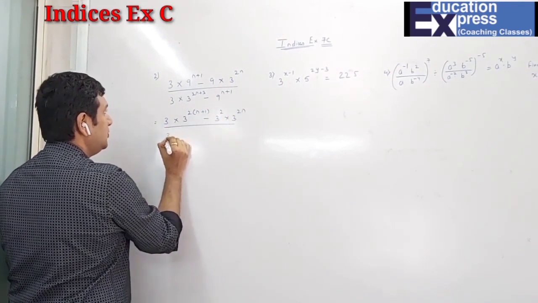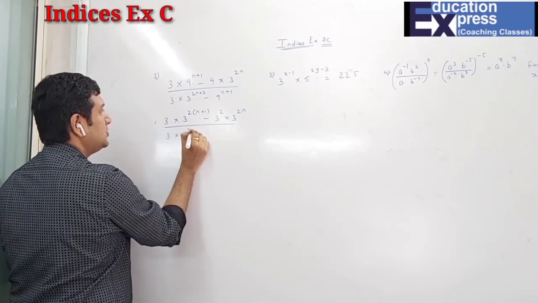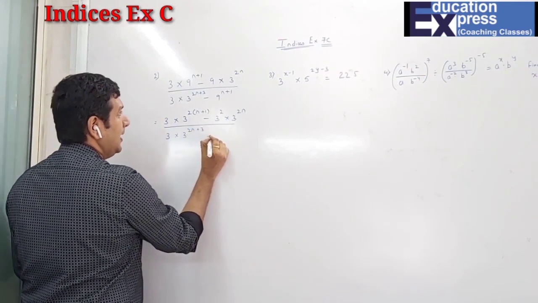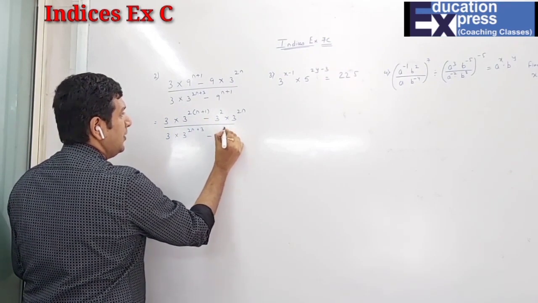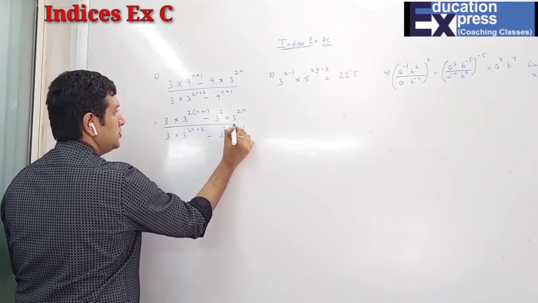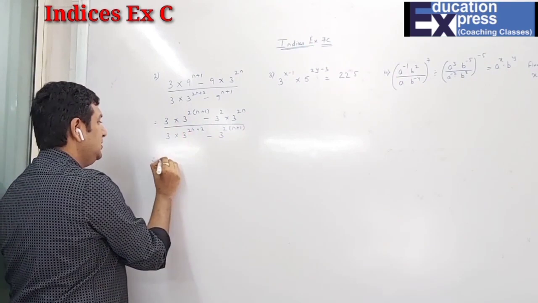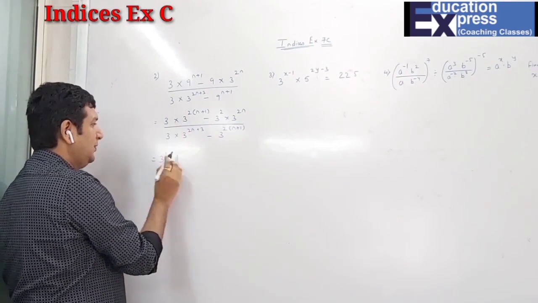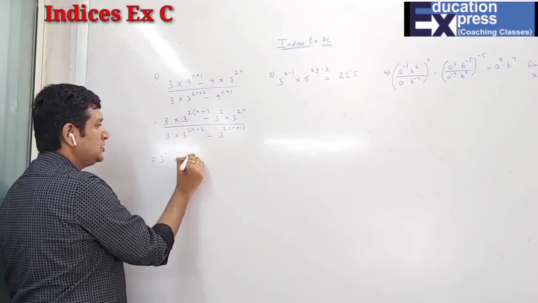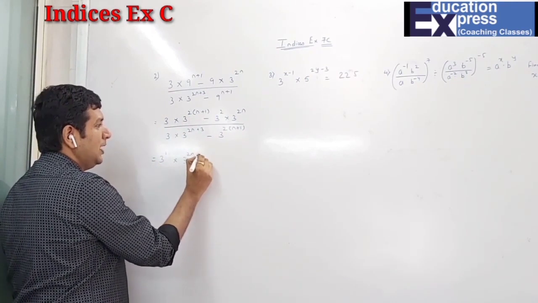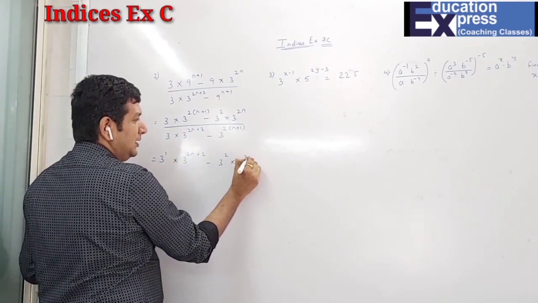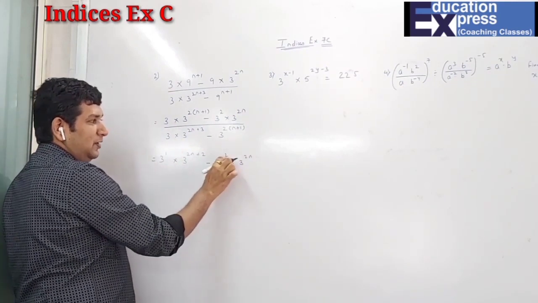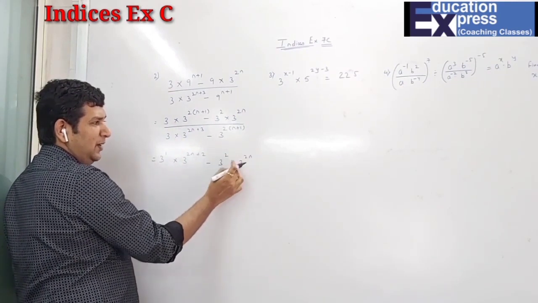Now here, 3 into 3 raised to 2n, plus 3, minus 3 squared into n plus 1. Students, here already this is without the variable, and here 3 raised to 2n plus 2, minus, this is already without the variable, that means it is already separated: the base with the variable and the base with the normal power.